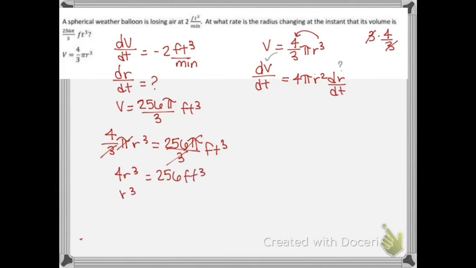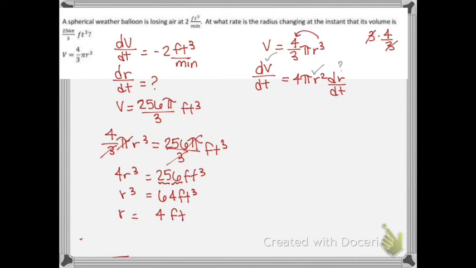Dividing both sides by 4. 4 goes into 25 6 times, and then we have 1 left over. And then 4 goes into 16 4 times. So we get 64 feet cubed, and then let's cube root both sides, so the radius comes out to be 4 feet. So we are able to then just use information that we had and solve for r. So we can go ahead and plug in and then find our dr/dt.